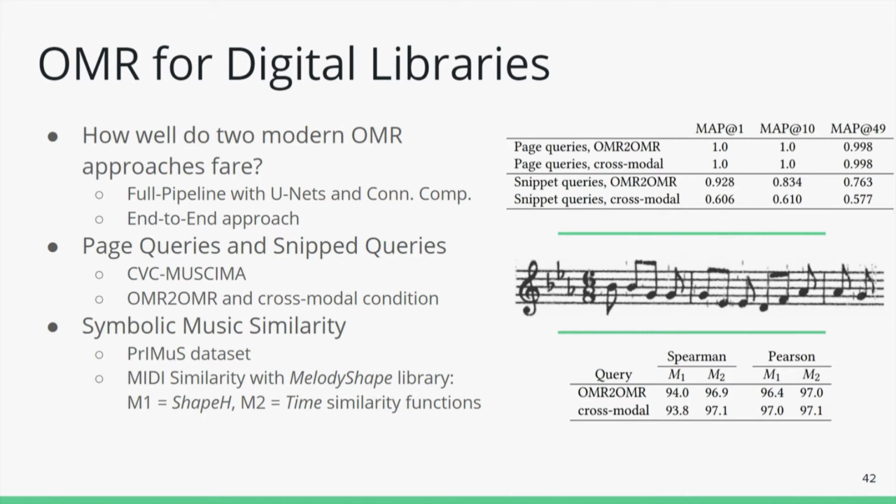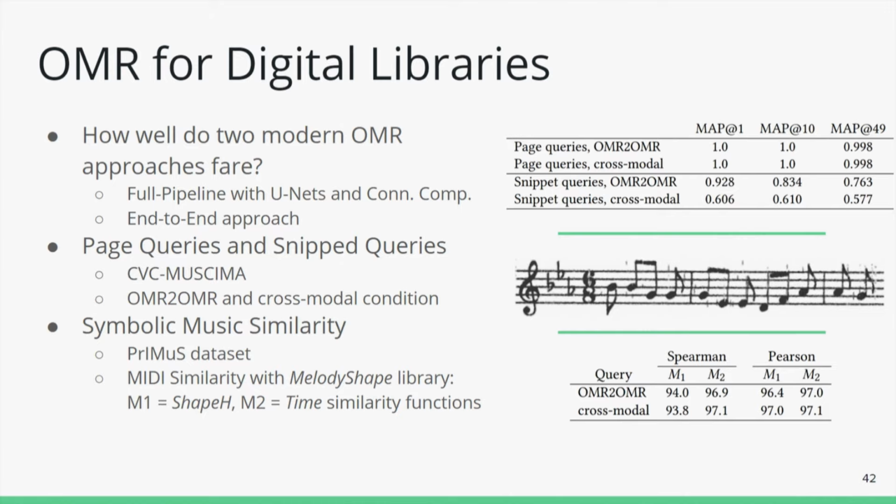The dataset we used for these experiments was the CVC-MUSCIMA dataset, because it is a natural fit. It has 20 different songs transcribed by 50 different musicians. So you've got 50 duplicates of each song in the dataset. To evaluate this, we used the mean average precision, which is a retrieval metric.